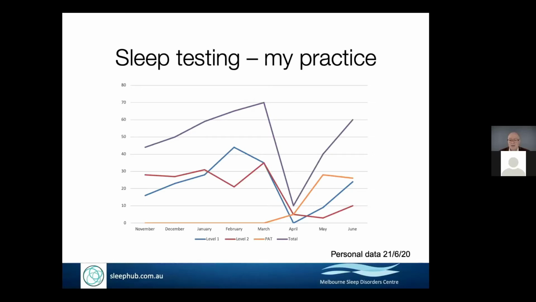Up to date in June, it's projecting that I'll be almost back to my usual capacity of 60 studies per month by the end of June. But the difference, on the other side of our peak pandemic, is that a significant number of my studies will be peripheral arterial tonometry rather than level 2 studies. I've substituted a number of my traditional level 2 studies with peripheral arterial tonometry, and I'll talk about why.